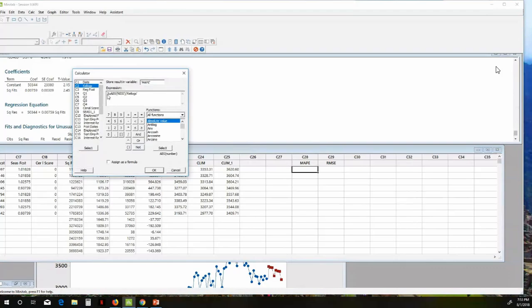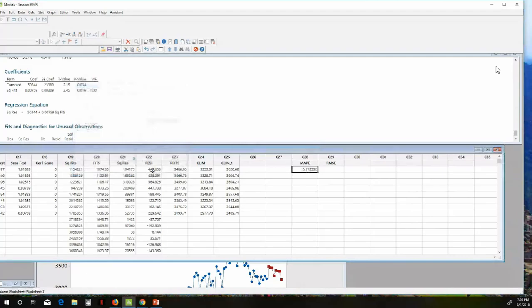Sum those percentage errors. And divide them by, what was it, 104, something like that? You guys remember? What was the number that we had? And so our MAPE is 11.25%.